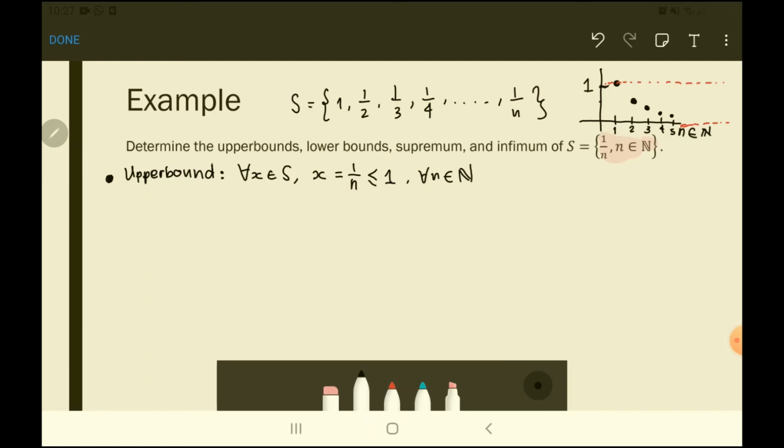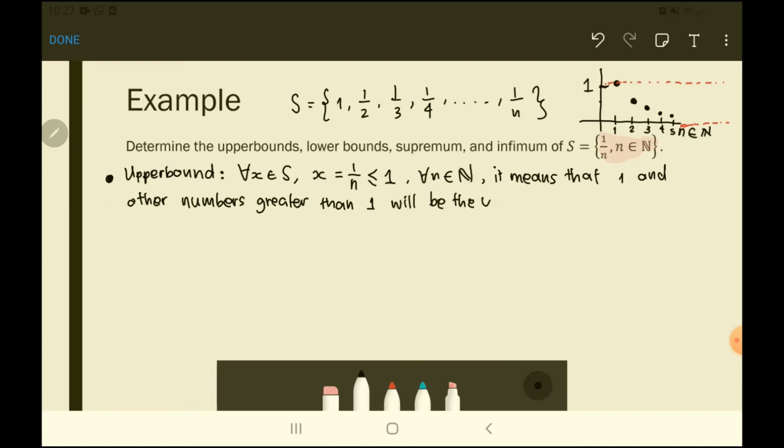That means we know that because x will always be less than or equal to 1, 1 and other numbers greater than 1 will be the upper bound, right?